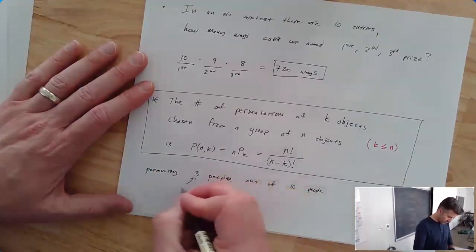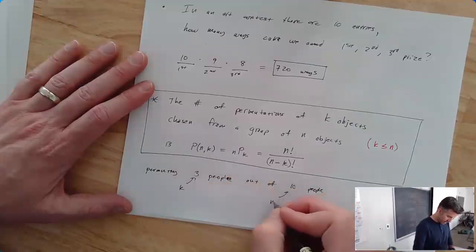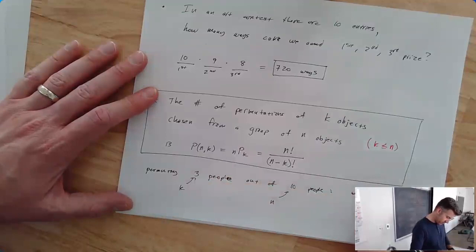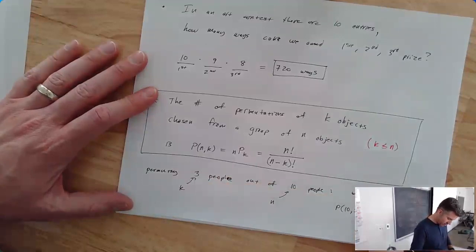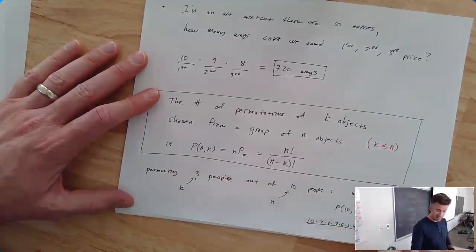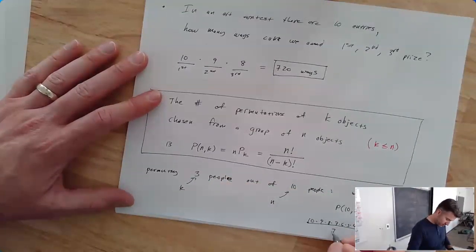Right, so my 3 is my k, my 10 is my n, and we get permutations of 3 from 10, and that's going to be 10 factorial over 10 minus 3 factorial, which is exactly 10 factorial, so 10 times 9 times 8 times 7 times 6 times 5 times 4 times 3 times 2 times 1, divided by 10 minus 3, which is 7 factorial.